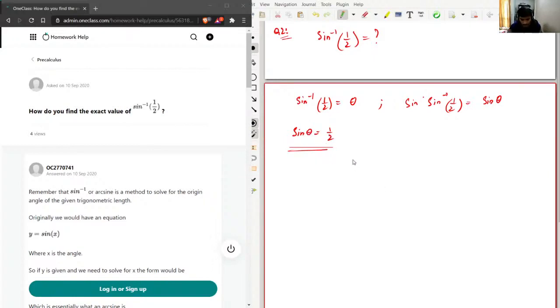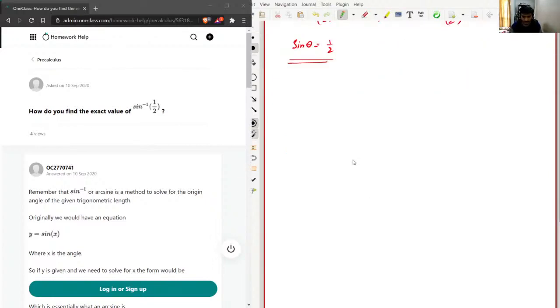So one thing I can do is draw the curve of sine. Let's just draw this line. Sine 0 is 0, so this is 0, and sine 90 is 1, so this is pi by 2, and this is pi, then this is 3 pi by 2, and this is, let's say, 2 pi.